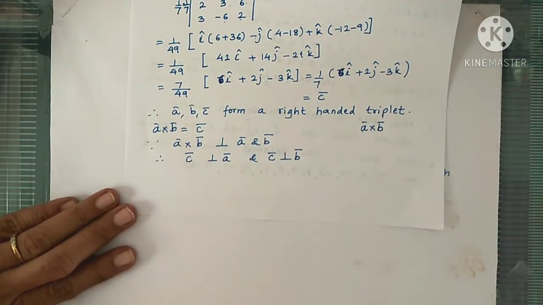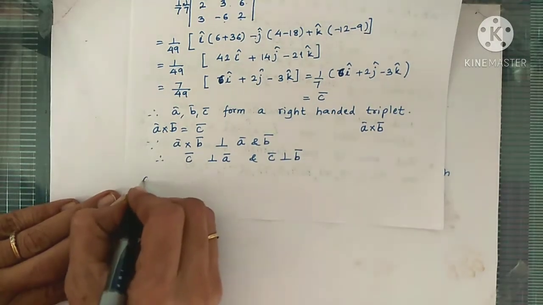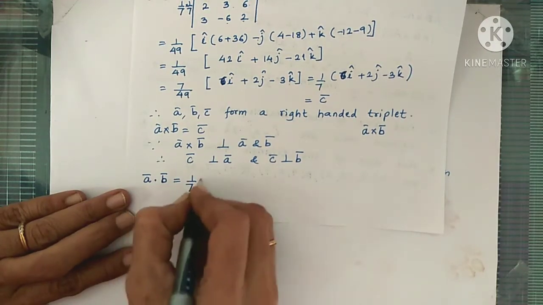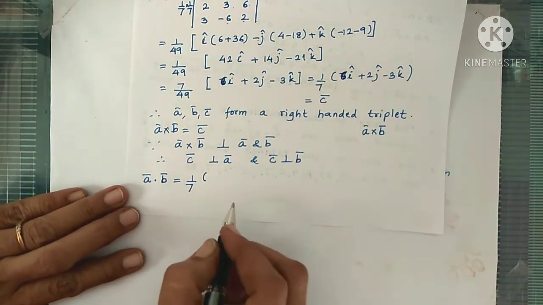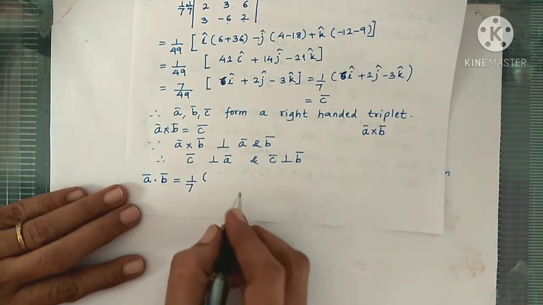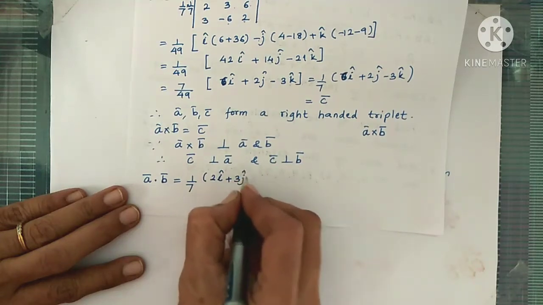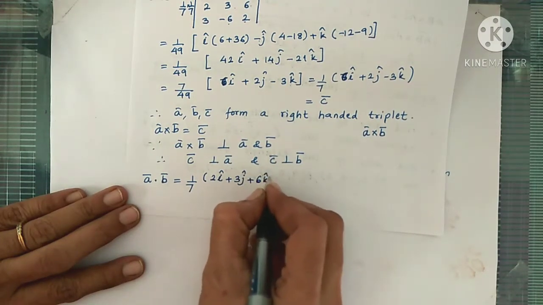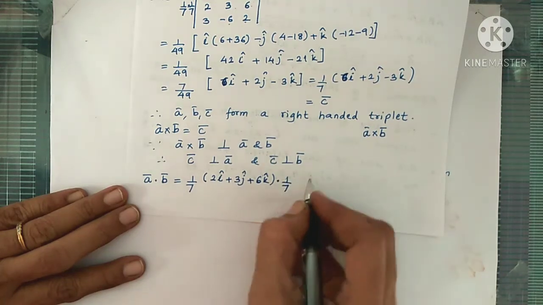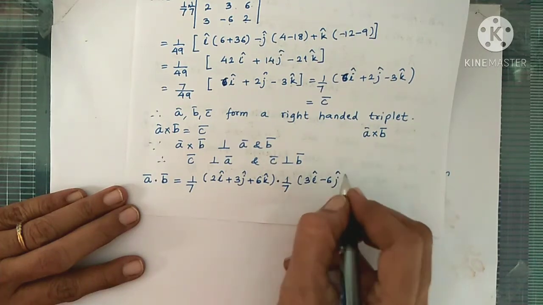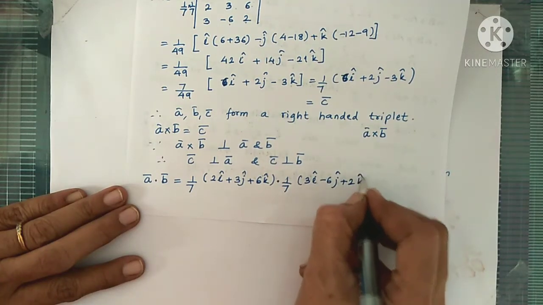Now the only thing left is we have to prove that A bar is perpendicular to B bar. Perpendicular means dot product 0. So let's consider dot product of A bar and B bar. First let's write A bar and B bar, and then we will write the dot product. A bar is 1 by 7, (2 i cap plus 3 j cap plus 6 k cap) dot B bar is 1 by 7, (3 i cap minus 6 j cap plus 2 k cap).